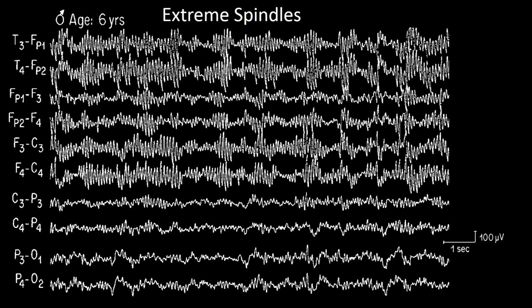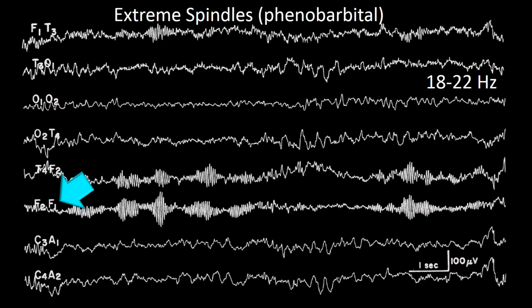This is an epoch demonstrating extreme spindles in a 6-year-old. Notice that they are mainly frontal and continuous. This epoch shows very fast spindles arising from the frontal region.